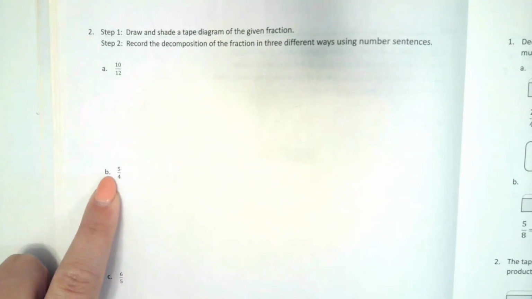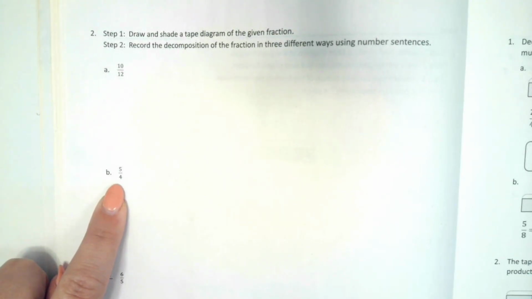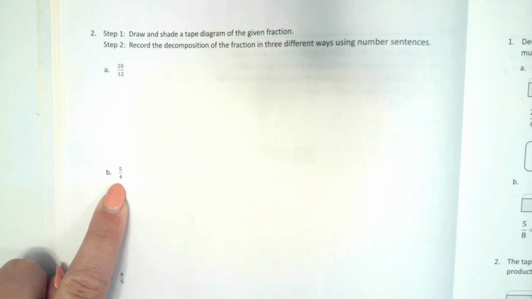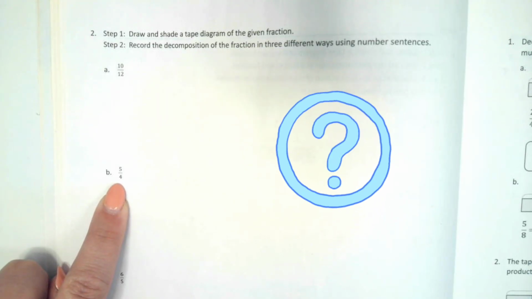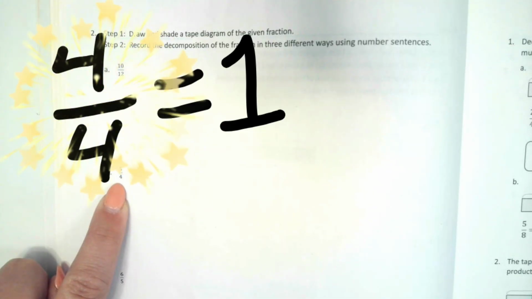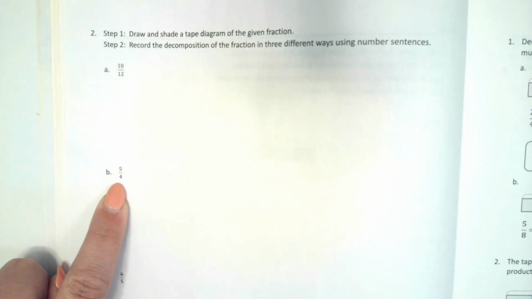Notice that the numerator is greater than the denominator. That means that this fraction is greater than 1 whole. How many fourths would be exactly 1 whole? 4/4. So 5/4 is 1/4 more than 1 whole.